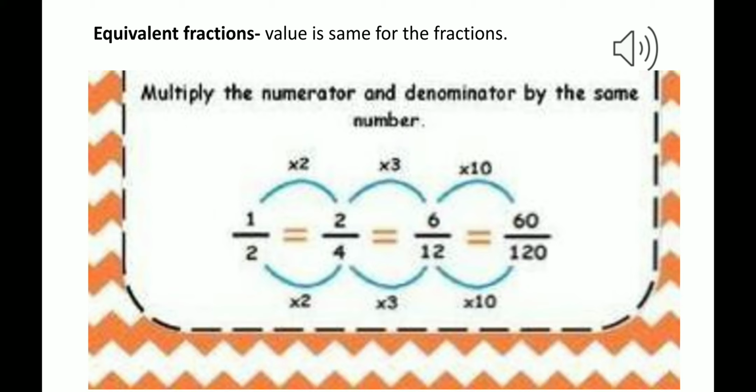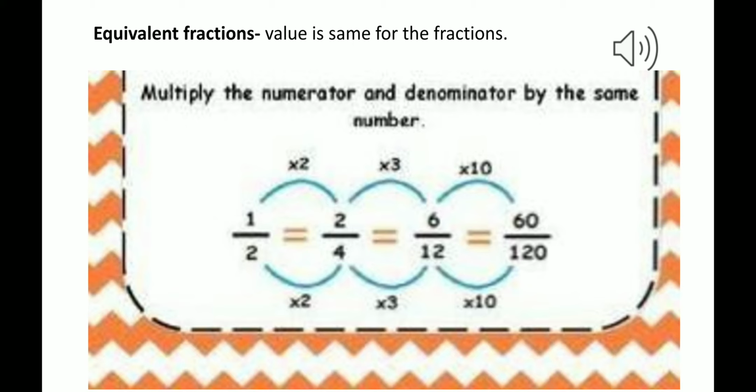Now take 6 by 12 and multiply the numerator by 10 and the denominator also by 10. So 6 into 10 is 60, 12 into 10 is 120. So 60 upon 120 is also an equivalent fraction of 1 by 2. 60 ones are 60, 60 twos are 120.